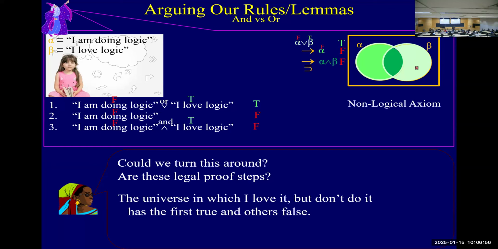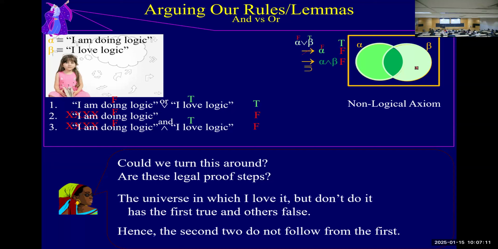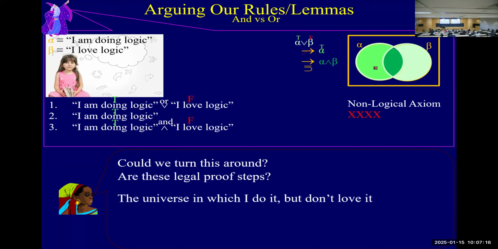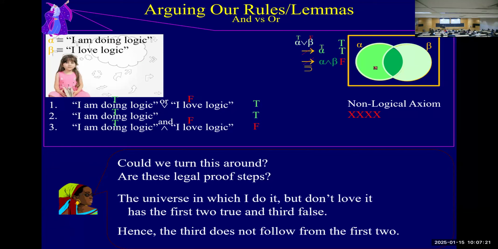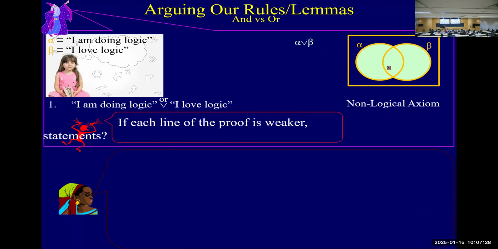In that universe, beta is true and alpha is not, and so the OR is true, but the first one's not true, right? And so it doesn't follow. So similarly, here's the case where line 2 is true and line 3 is not true, right?